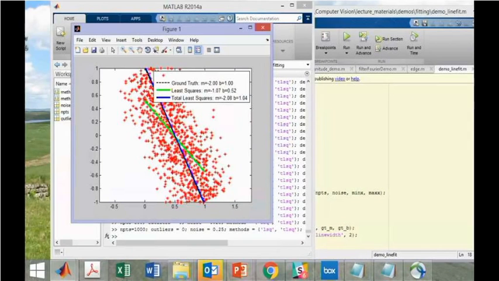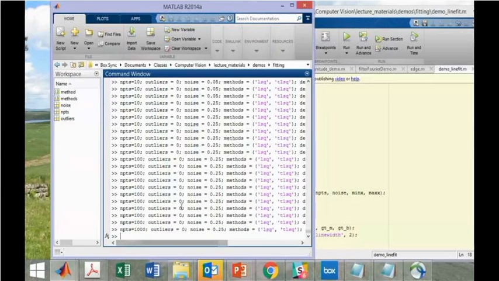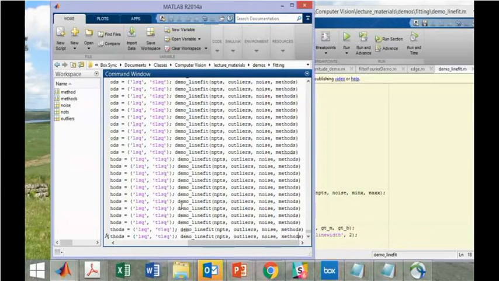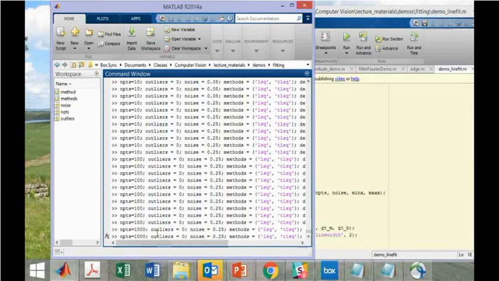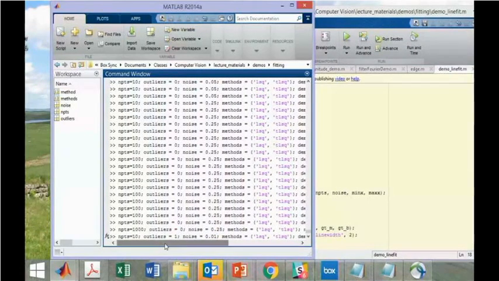But the same is not true for outliers. So now let's say I just go back to 10 points to start. And I'm just going to have one outlier out of the 10 points. And let's say my noise is a bit more manageable, so 0.01.